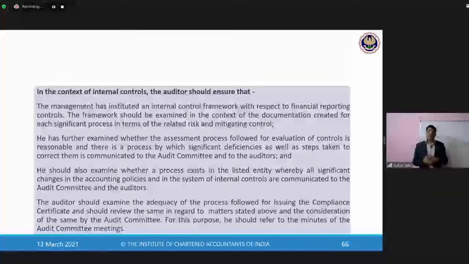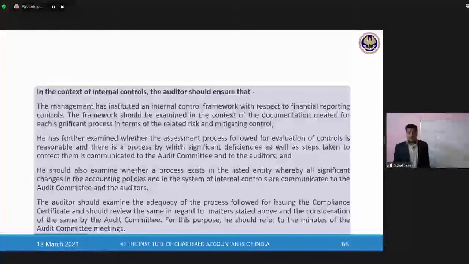And in respect of a listed company, a separate audit report is required to be issued by the auditor in respect of ICFR. That is about internal controls over financial reporting, wherein the auditor also needs to test the controls around those areas which may have an impact on the financial statements of the company. And any significant weaknesses are required to be reported thereon.